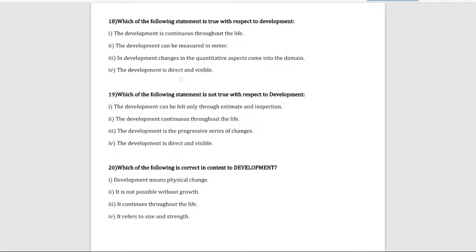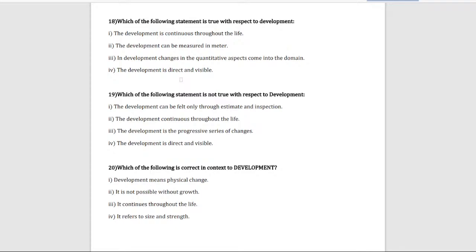Question number 18. Which of the following statements is true with respect to development? So out of 4, 1 is true, 3 are wrong. First, development is continuous throughout the life. Second, development can be measured in meters. Third, in development, changes in the quantitative aspects come into the domain.